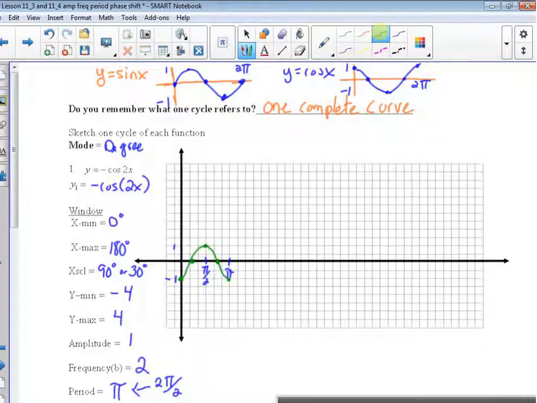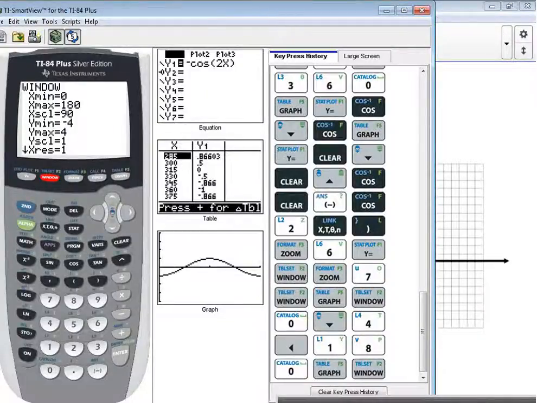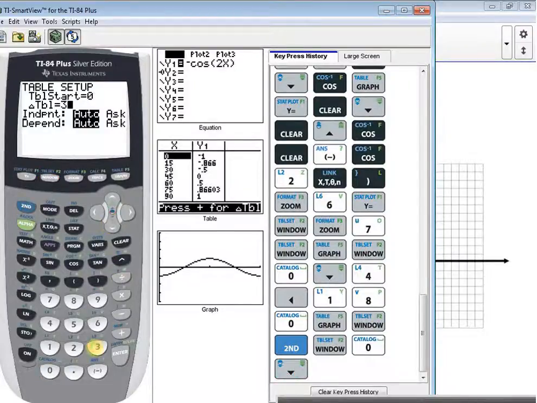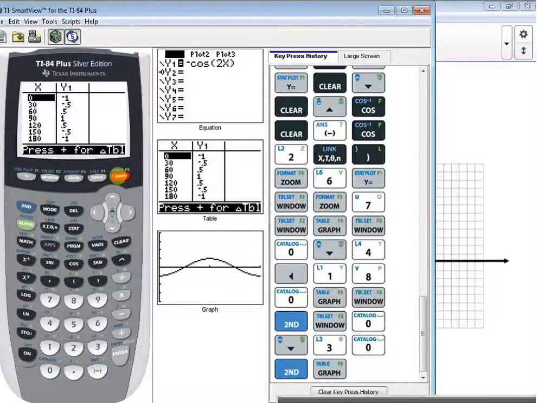Now, you can check those out in the table. I'm going to have it start at 0, and you can have an increment by, say, 30. And if you look at those values, we should have those. 0 is at -1. 30 we can put at -0.5. 90 is at 1.